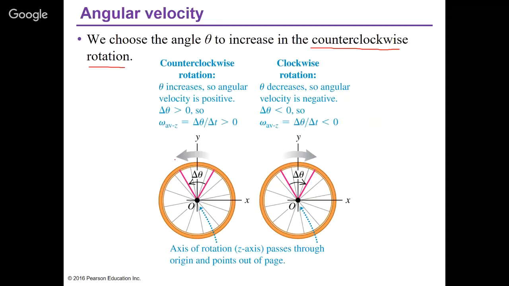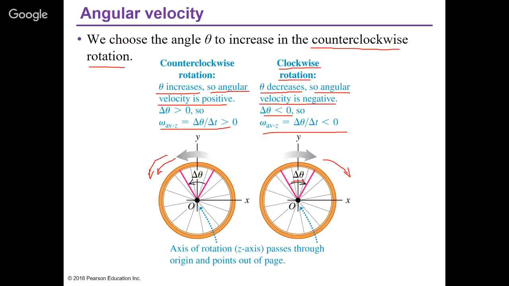So if you have a rotation that goes in the counterclockwise direction, theta would increase, and so the angular velocity is positive. If it goes clockwise, then theta decreases, so the angular velocity is negative, and delta theta is a negative value.